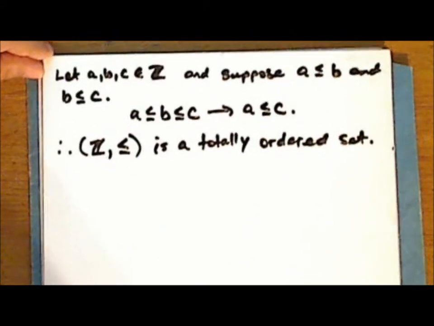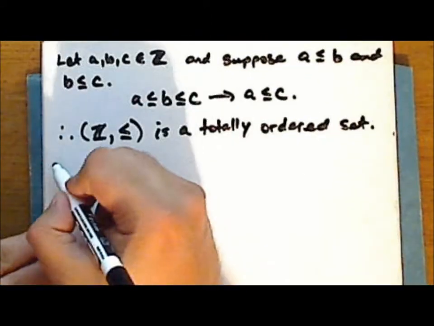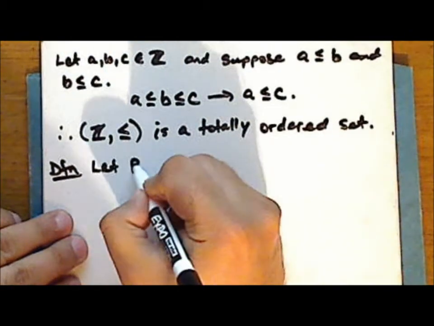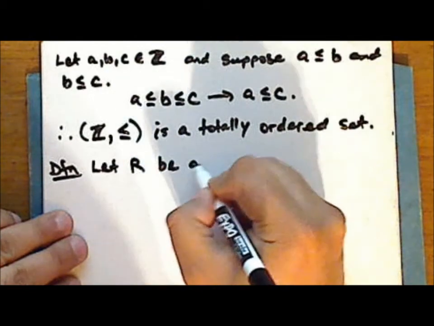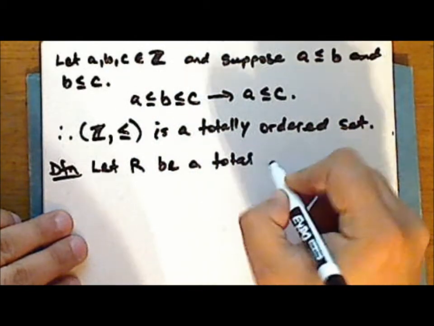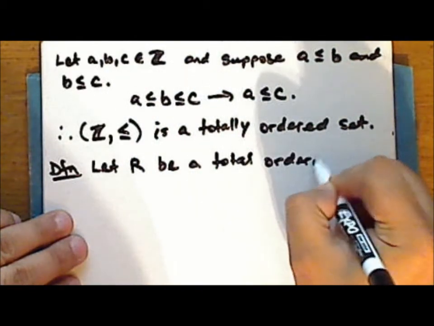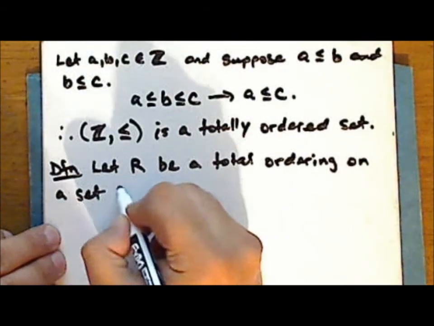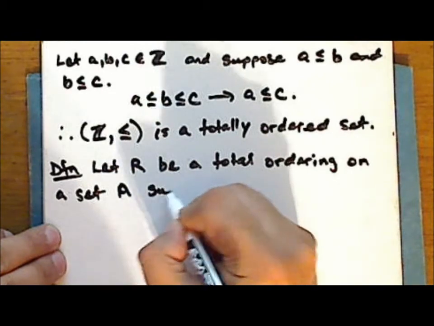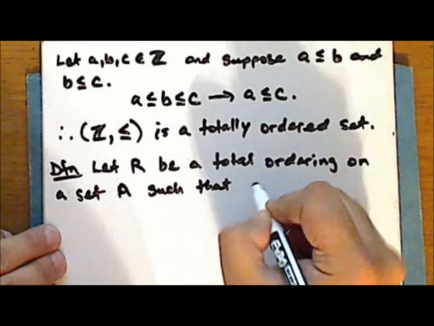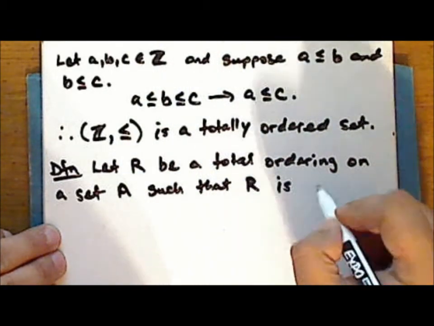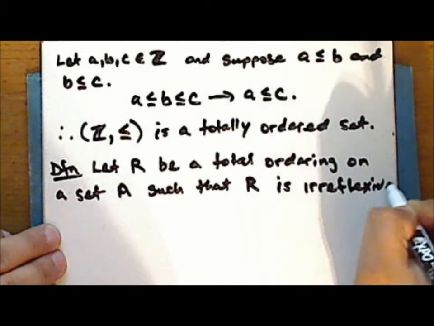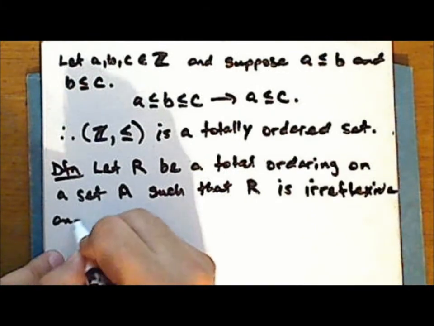All right, so now a new definition. Let R be a total ordering on a set A such that the relation R is irreflexive and transitive.